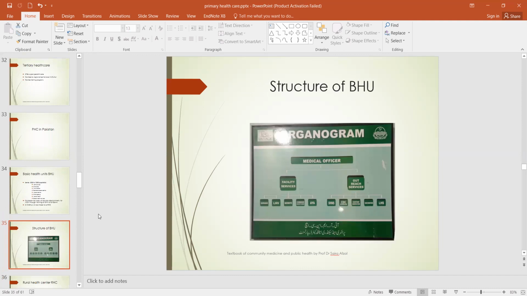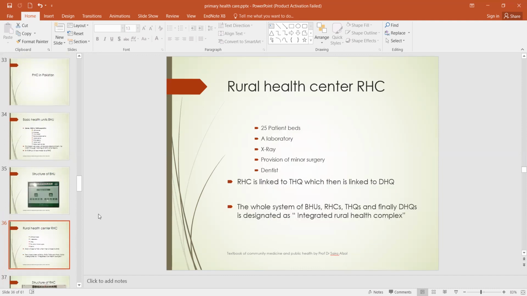This is the organogram of a basic health unit, in which the main governing body is the medical officer, and it deals with the facility services and outreach services. Rural health center: in a rural health center, there are 25 patient beds, a laboratory, X-ray, provision of minor surgeries, and a dentist. RHC is linked to a THQ, which is then linked to a district headquarters hospital.